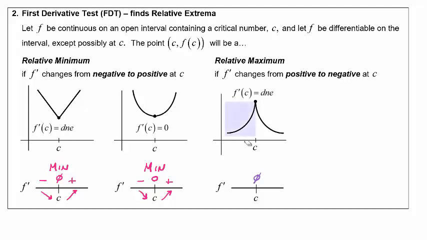Now, coming into c from the left, we see the y values are getting bigger, which means f is increasing and the derivative is positive. To the right of x equals c, the graph is decreasing, and so that means the derivative is negative. Whenever the derivative changes from positive to negative at a critical number, we know that the point c, f of c will be a relative maximum.